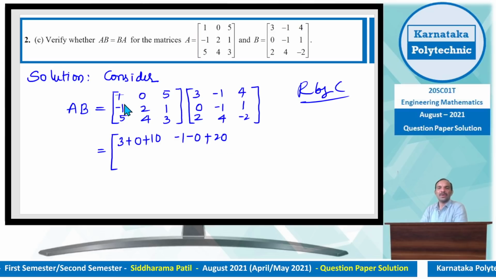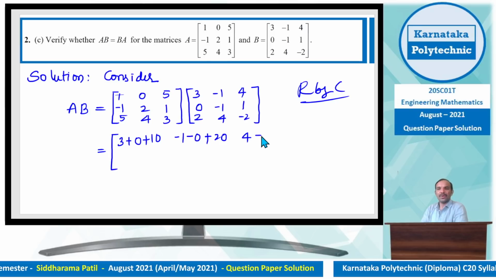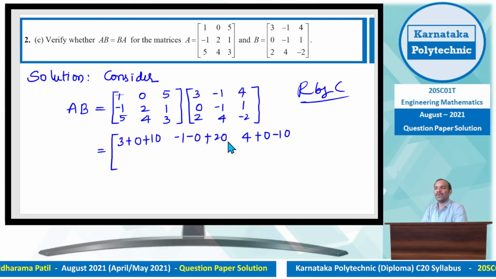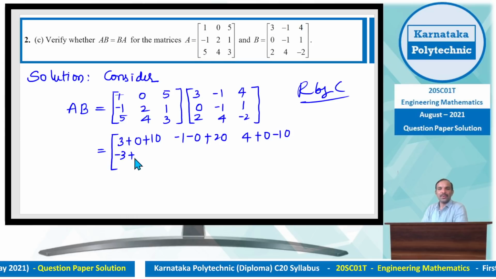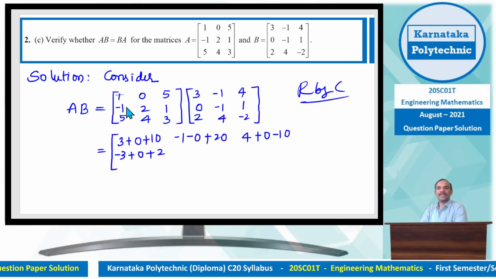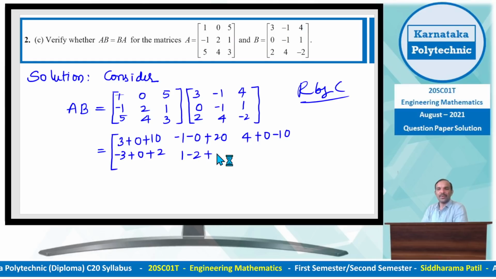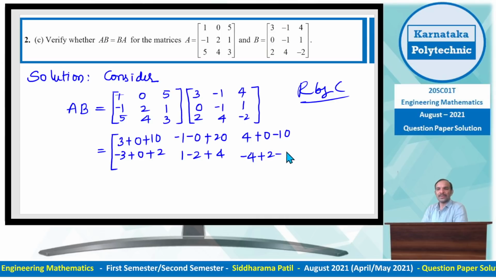First row third column: 4, 0, minus 10. Second row first column: minus 3, 0, 2. Next, second row second column: 1, minus 2, 4. Second row third column: minus 4, 2, minus 2.